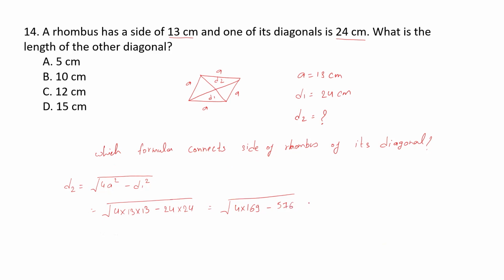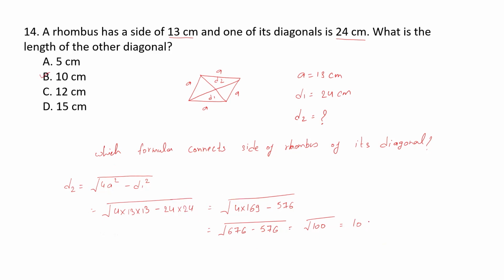4 into 169 we also have to do. It is 676. So it is under root 676 minus 576, which is equal to under root 100, and that is nothing but 10. So option B is correct.